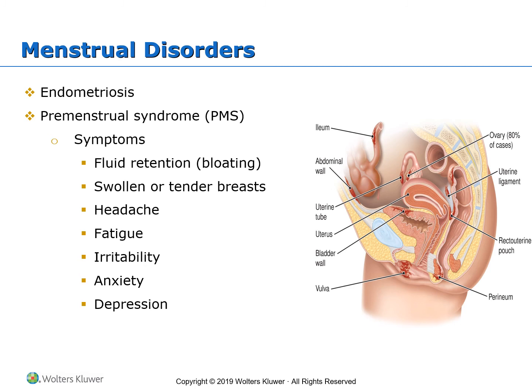This tissue that is implanted in an abnormal location will go through the same hormonal changes as the normally situated uterine tissue, and it will increase in size and it will bleed with every menstrual cycle, and this is why it's so debilitating and will lower the quality of life of that woman.